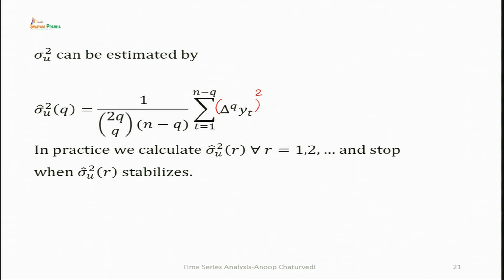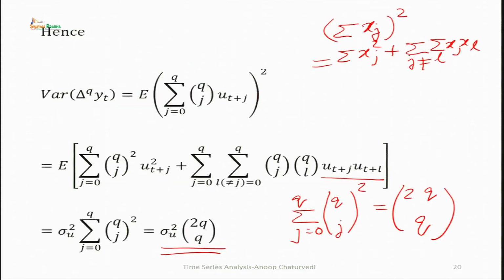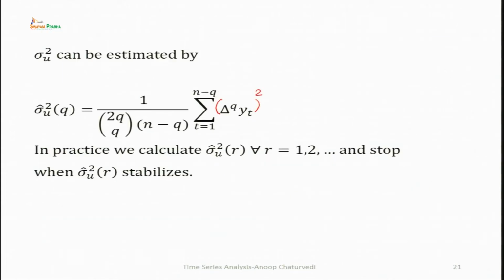So, obviously, if you take expectation of the right hand side, then using this final result, you easily obtain that this estimator, this right hand side, provides you an unbiased estimator of sigma square u.